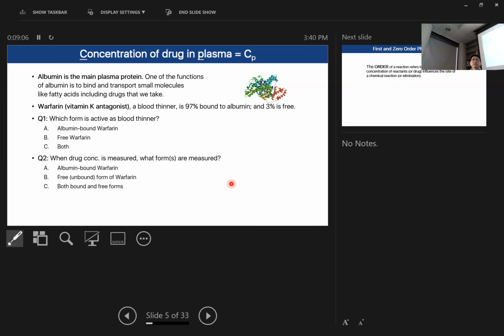For example, one chemo drug is called gemcitabine. Gemcitabine is super hydrophilic. I don't really know the percentage unbound, but I think it should be very, very high. I know that because we worked on that compound before, and when we ran HPLC using a C18 column, there was no retention at all.